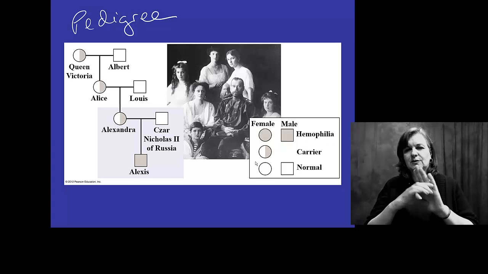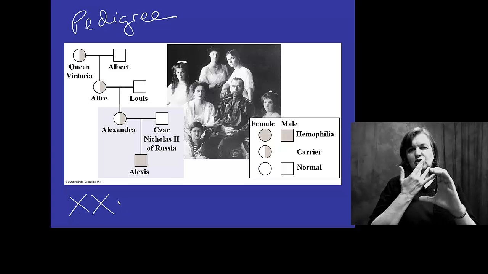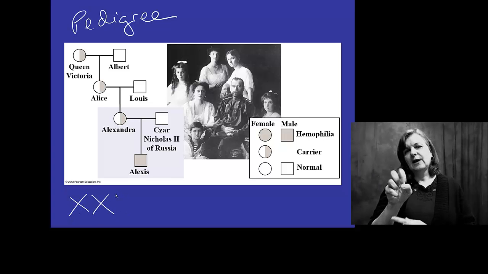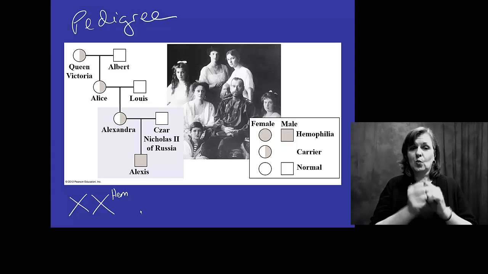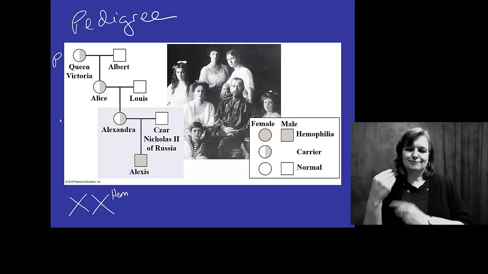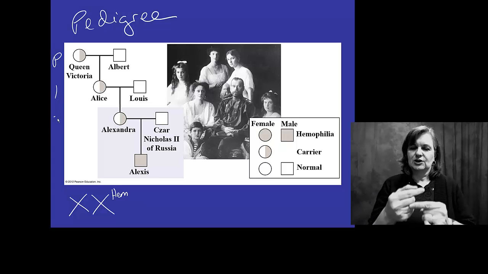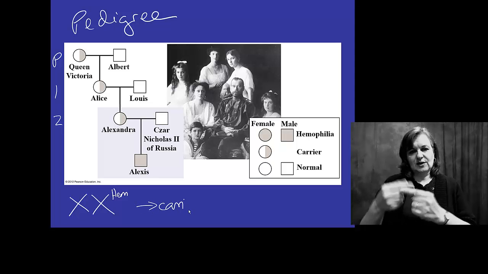The half colors are just carriers. So remember, because females have X and X, you can be a carrier, in this case, 1 with hemophilia and 1 normal, for many generations. And you see here the P generation, the F1, the F2 generations, all were carriers.